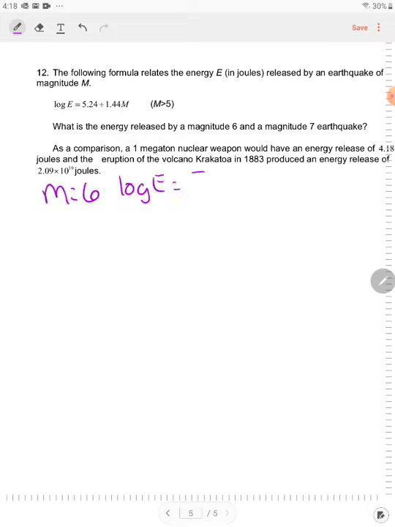Log E is equal to 5.24 plus 1.44 times 6. So log E is equal to, that's a number. So we're using the calculator to get that numerical value, and you get 13.88. Okay, recall that your base is 10.